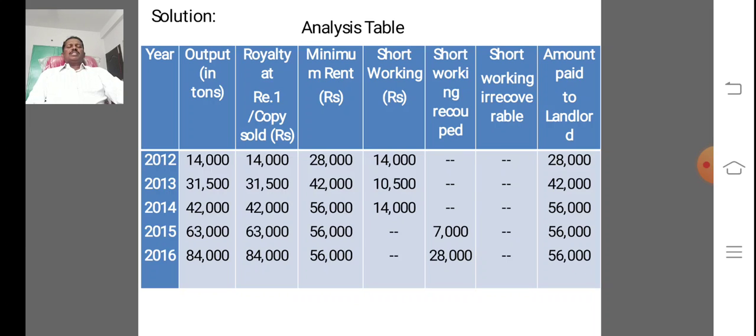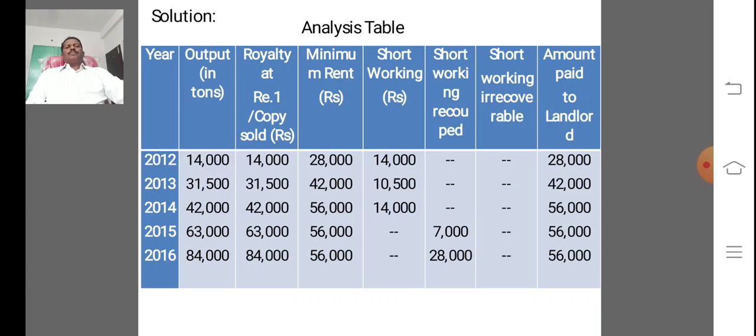In 2016, 84,000 tons we are manufacturing into 1, 84,000 is the royalty, but minimum rent is 56,000. Here also surplus 28,000. In this problem short workings are recoverable during the lifetime of the lease.